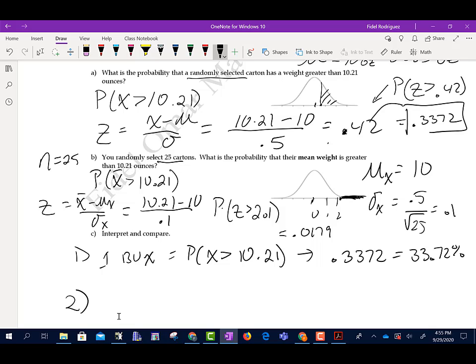Now, look what we did in part B. We randomly selected 25 cartons, right? And we found their weights, and we found those averages.